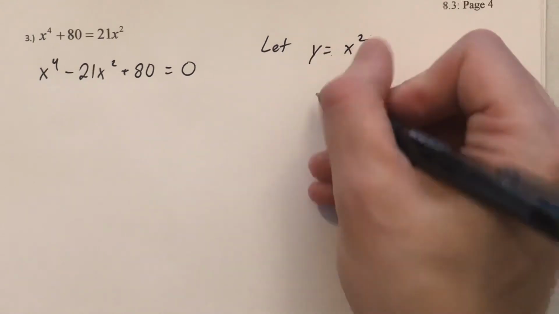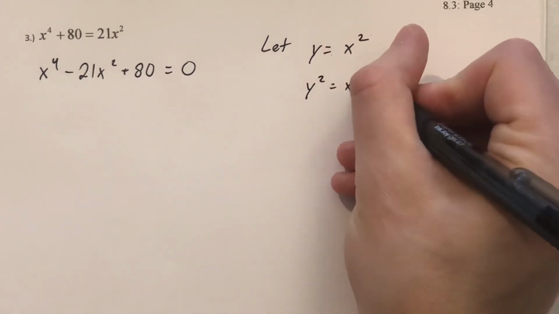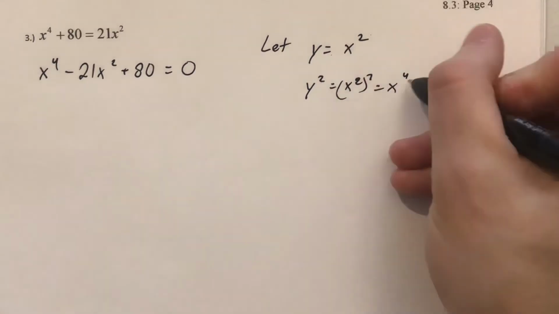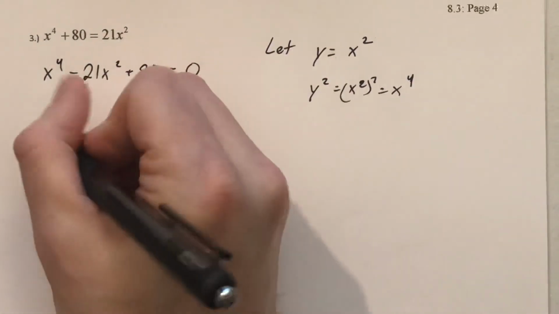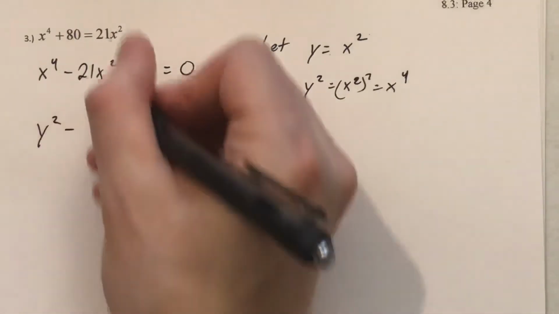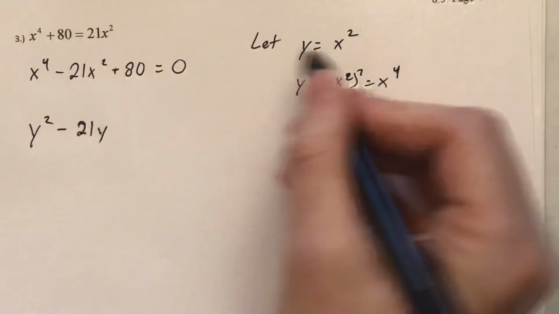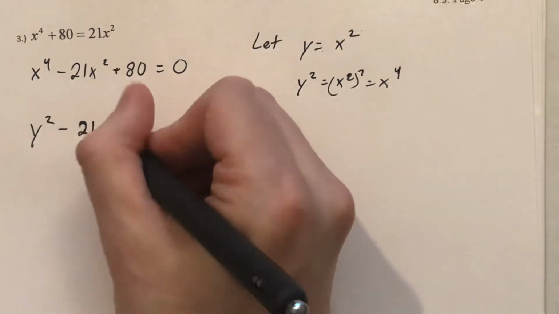So if y is x squared, then we would need y squared to represent x to the fourth, meaning we can change this term into y squared. We can change this term into just 21y, right? Replacing x squared with y.